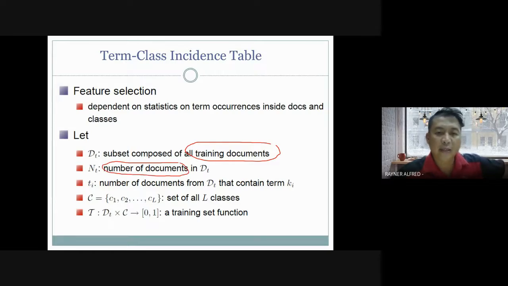And we also have the number of documents that contain keyword I. So this is TI. And we also have all the labels. And we have a training set function that will map the document that contains the T here, and also the class, to the appropriate class 0 or 1. If they belong to the class, it will be 1. If they do not belong to the class, it will be 0.